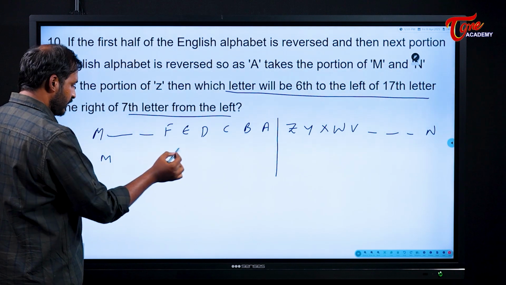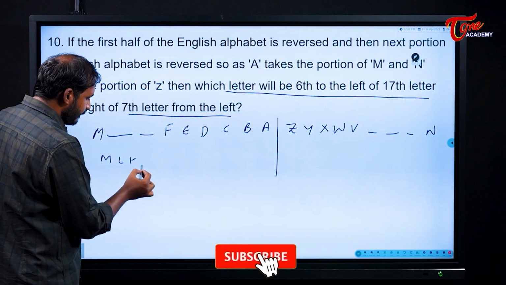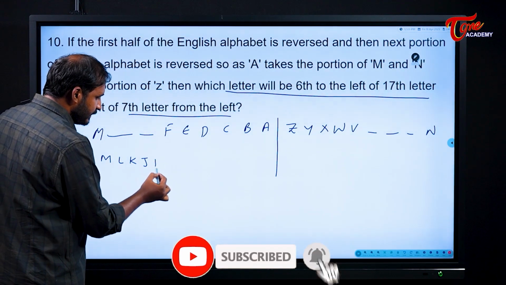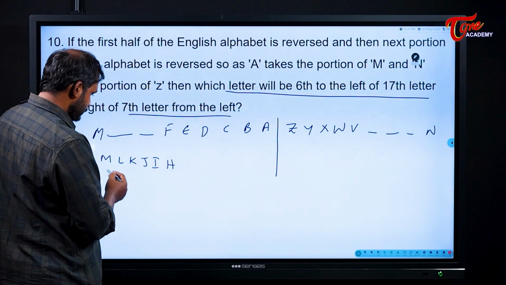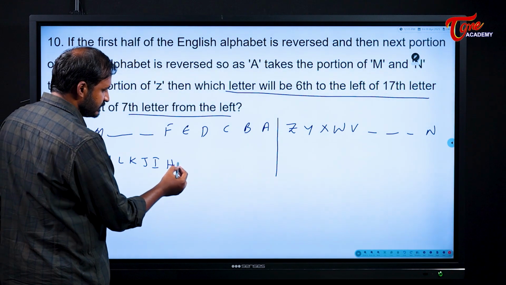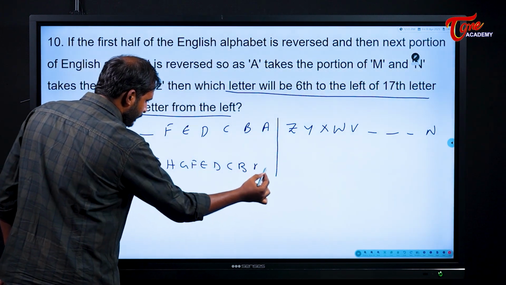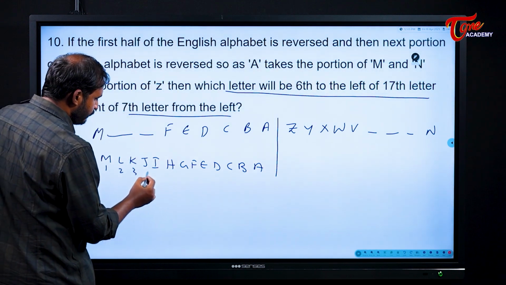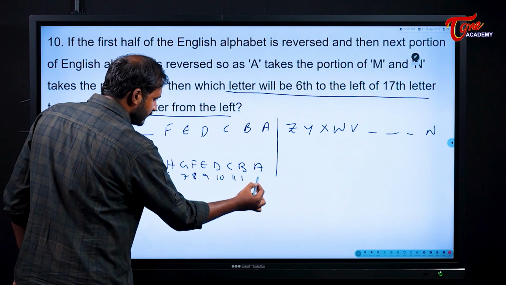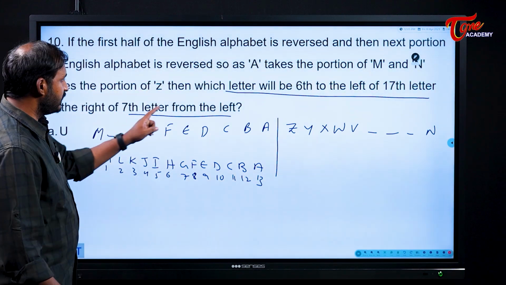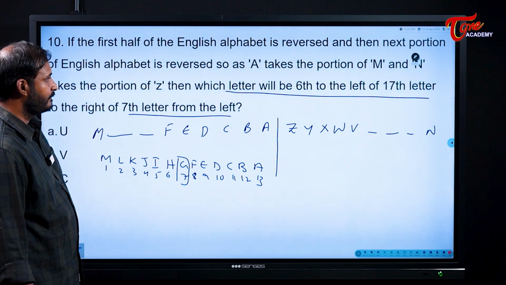We need to write the things, students, for better understanding. M, L, K, J, I, H, G, F, E, D, C, B, A. 1, 2, 3, 4, 5, 6, 7, 8, 9, 10, 11, 12, 13. Okay. What is the 7th letter from the left? G.